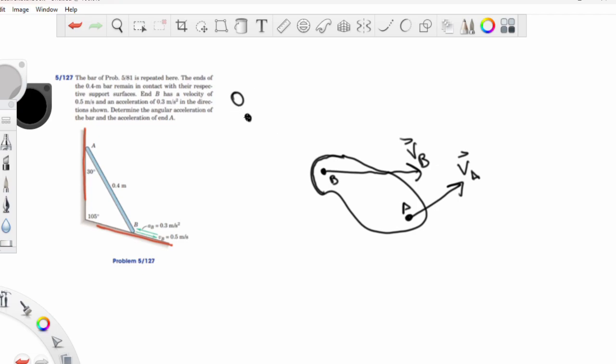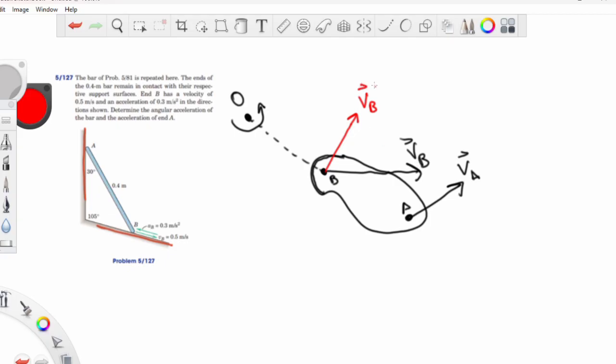So if I pick this point and then I say that the entire body is rotating around this point, then the velocity of point B will have a tangential velocity perpendicular to the dotted line. So it would go in this direction.